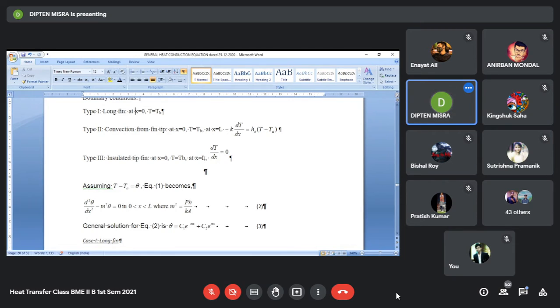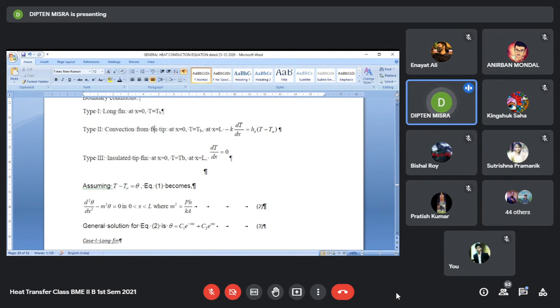Okay, I will try to explain to you why we should take an insulated tip fin, and why I am saying this is the most frequently occurring situation. I am keeping this for today, but try to find an explanation from some book or somewhere, and if you find one, tell it to me, otherwise I will give my explanation.